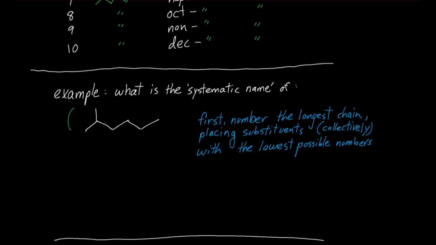So, perfect example of, oh yeah, I get it, I understand this, but until you do a lot of practice problems, it's not extremely clear. The longest chain is going to be 1, 2, 3, 4, 5, 6 carbons. So I picked an easy example to begin with. It's going to be the parent chain.